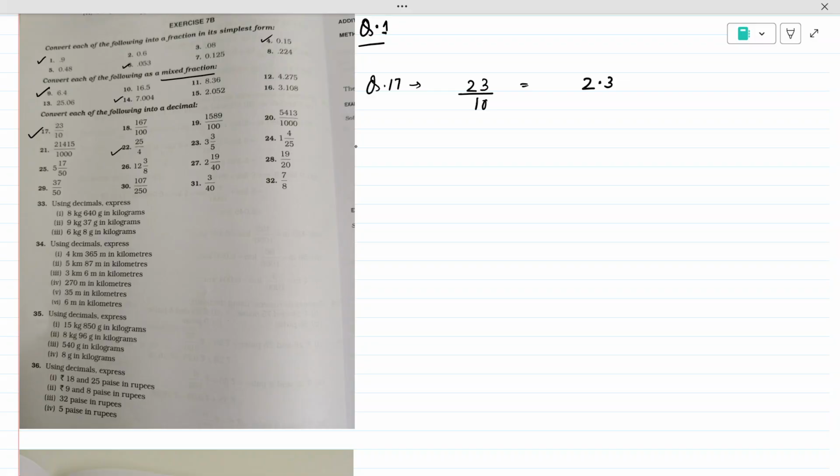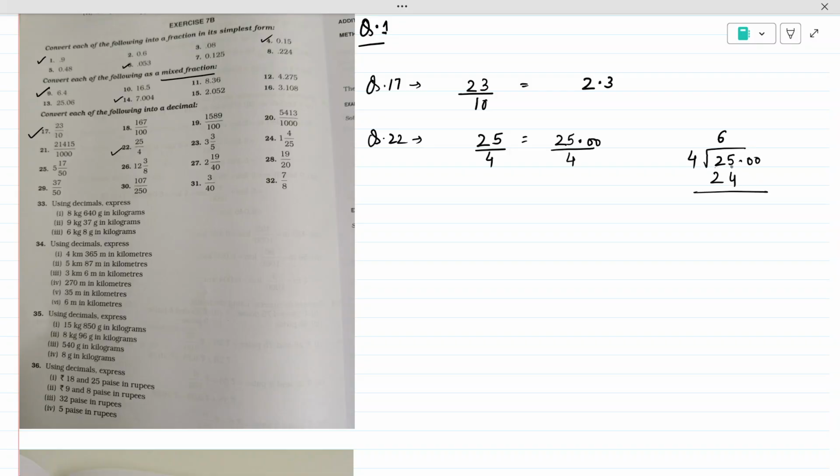Let me pick question number 22 now, where we have 25 by 4 and we have to change it into the form of a decimal. So this 25 is a whole number. Let us first write it in the form of a decimal and divide this by 4 now. So 25.00 by 4. 4 into 6 is 24, right?